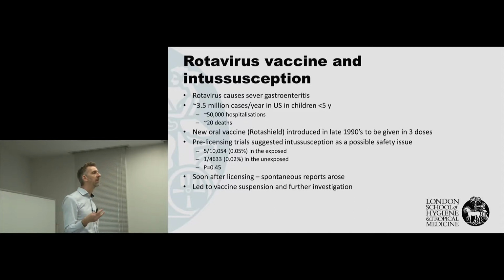So it's the kind of thing that we would see as a signal of a potential problem, but unconfirmed. So it remained a safety issue, and not long after the vaccine was licensed, there were spontaneous reports of intussusception. So this became a big problem, and the vaccine was initially suspended pending further investigation.